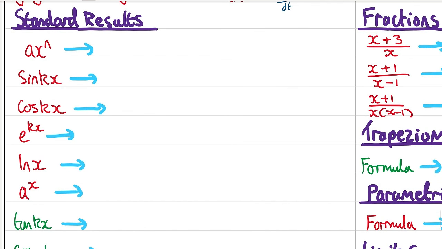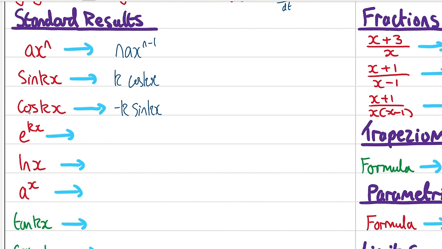Standard results for differentiation. Of course we know that if we differentiate a polynomial, the power comes down and then we drop the power down by 1. If we're differentiating sine of kx, then we're going to get k cos, since sine differentiates to cos. And if we differentiate cos of kx, k will come out, and cos of kx differentiates to minus sine.